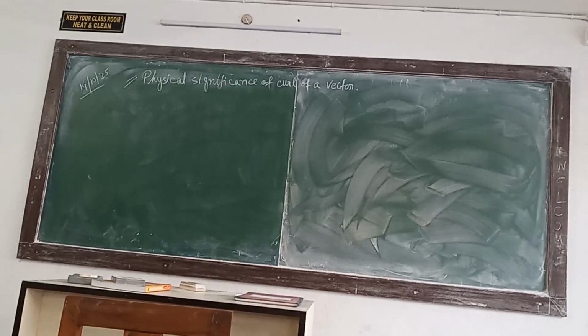Now, as I told you above, when there is a rotation, then what happens? The curl of the vector is non-zero. Right? So the curl of the vector is either in the upward direction or the downward direction.